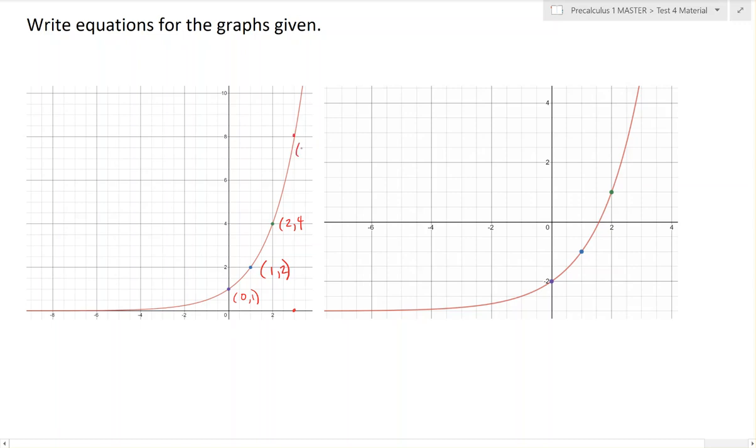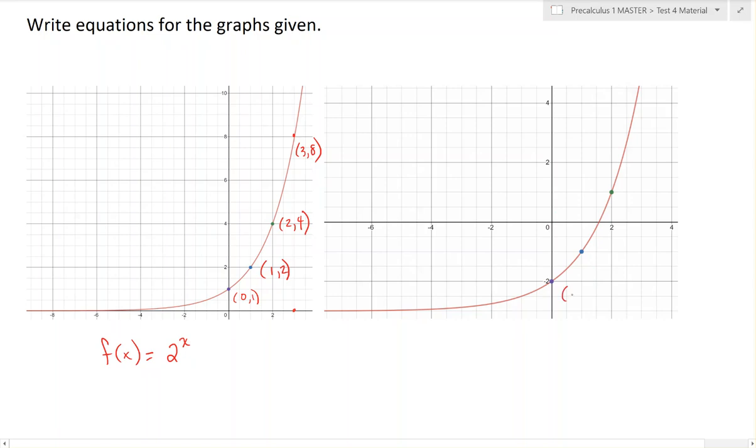So we can see that this f of x is equaling 2 to the x. If x is 0, then 2 to the 0 is 1. If x is 1, 2 to the 1 is 2. If x is 2, 2 squared is 4. If x is 3, then 2 cubed is 8. That's our function.